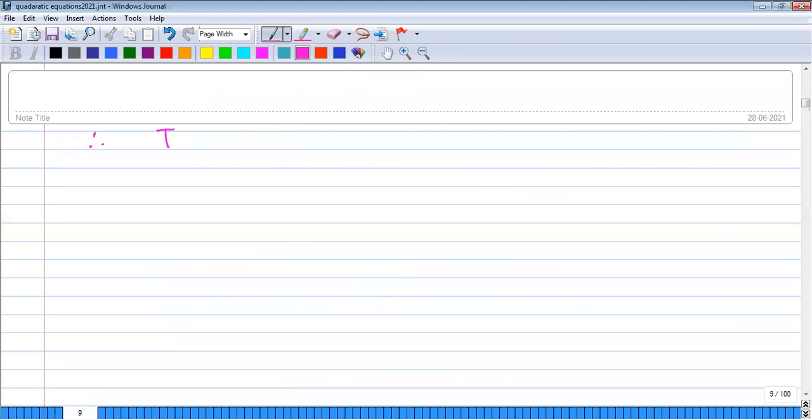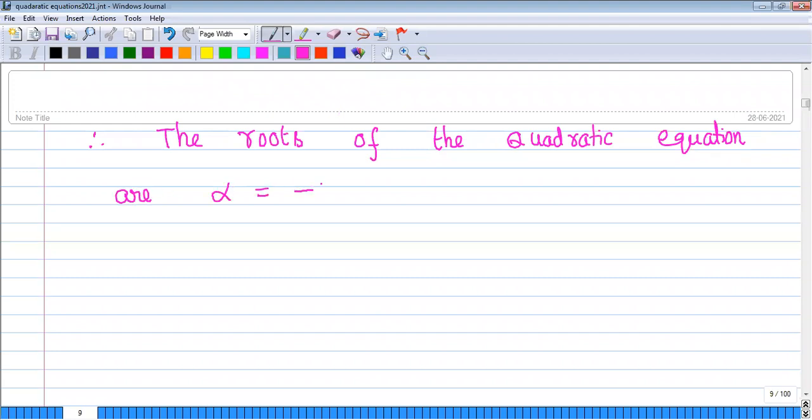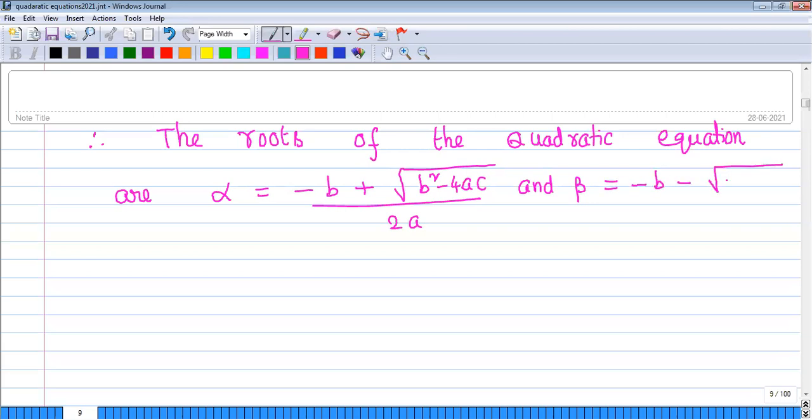Therefore, the roots of the quadratic equation are alpha, the first root, minus b plus root of b square minus 4ac upon 2a, and the second root beta, minus b minus under root of b square minus 4ac upon 2a.